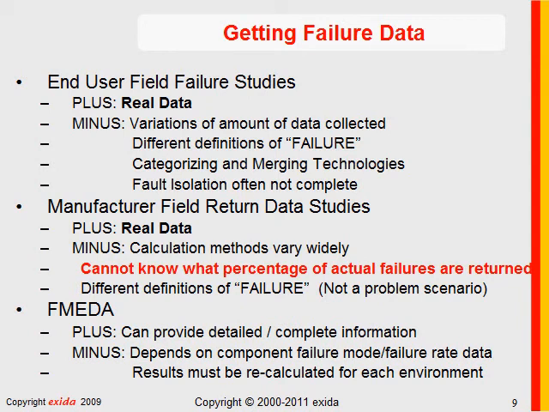I was taught that when a unit was returned, it went through our incoming inspection and test routine, and if the test found a problem, it was marked a failure, and the rest of them were marked not a problem. We didn't mark it no failure found, we just marked it obviously this isn't a failure, and we would not count those. Again, quite optimistic.